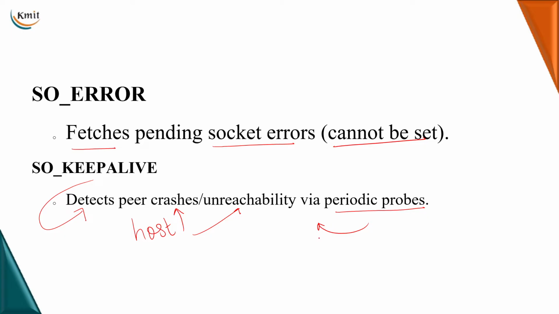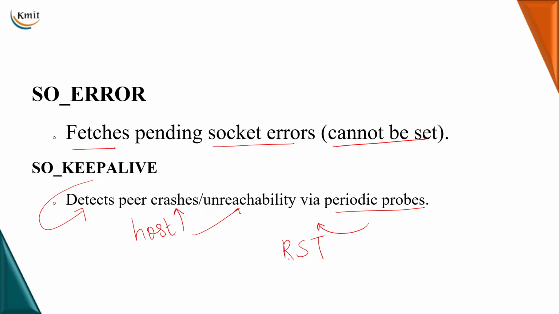If there is no data exchange across the socket for at least 2 hours, then TCP will send a keep alive probe looking for a response from the receiver. If the receiver gives an acknowledgement, it's okay. Otherwise, if the receiver responds with a reset, it means that the host has crashed and has been rebooted.